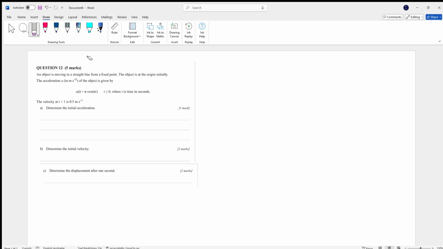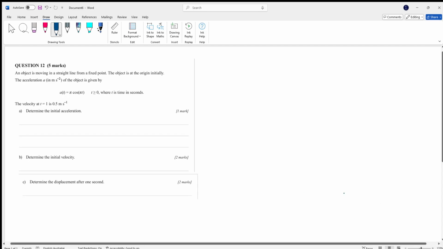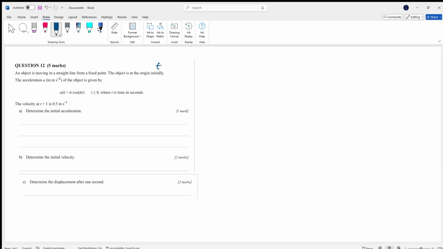Determine the initial acceleration. In motion questions, the biggest giveaway they will always give you is the word initially. Initial in terms of time means at the start, which by definition means t equals 0. So if someone says at the start, and they're talking about time, they're talking about t equals 0.